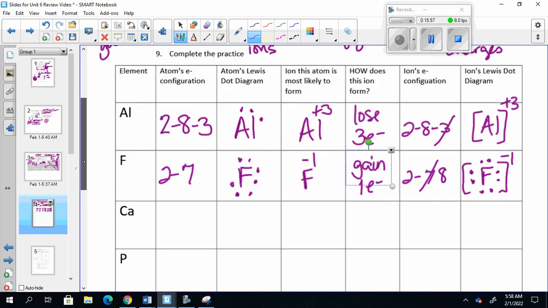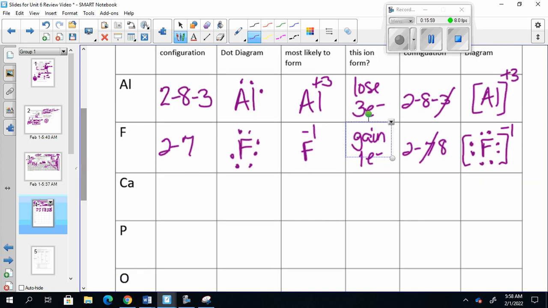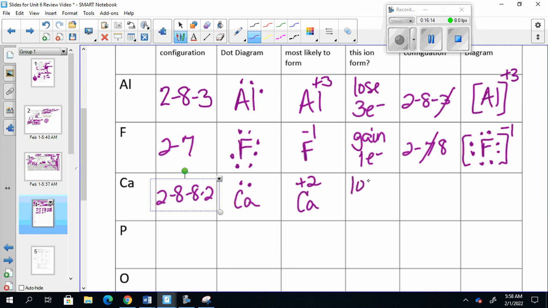All right, I'm going to do one more with you, and then you can do the rest. So calcium, 2-8-8-2, Ca, just the 2 dots. Most likely charge is Ca 2+. It would do that by losing 2 electrons.